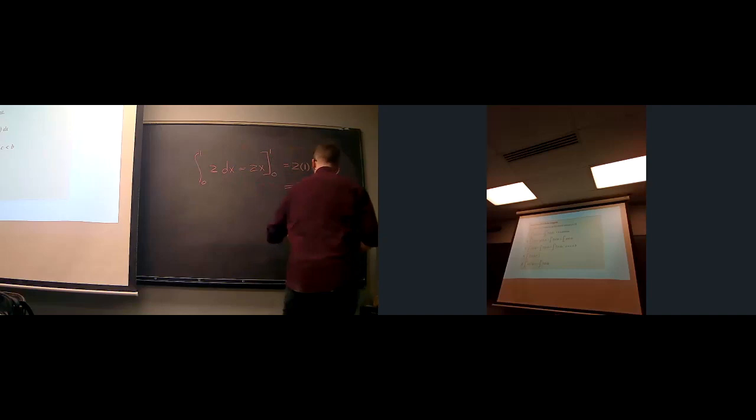So conveniently, and this is useful from time to time, we could rewrite an integral from a to b, f of x, dx is equal to negative from b to a, f of x, dx.